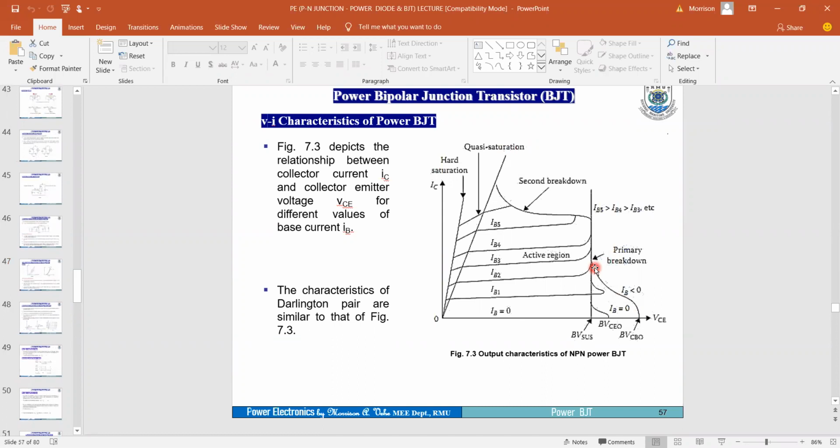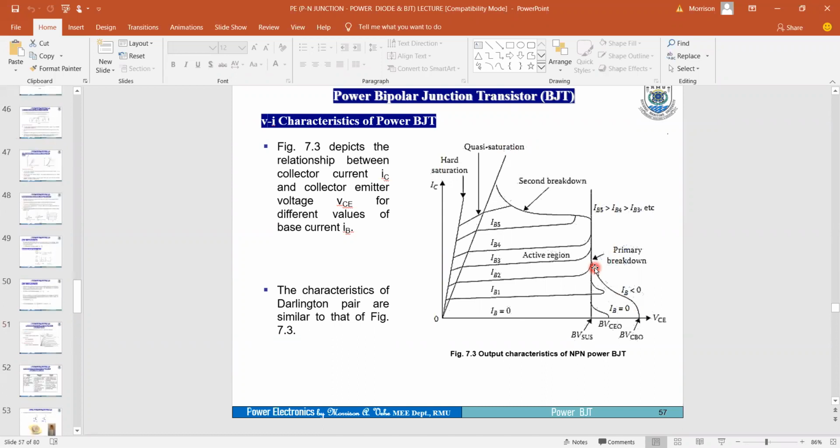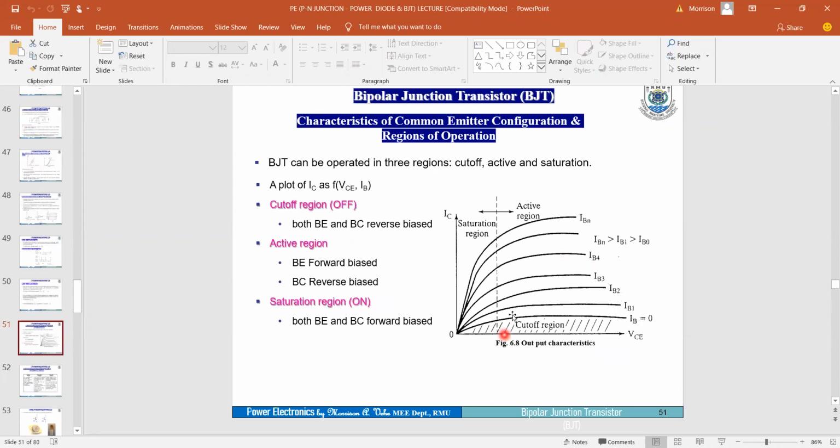So as we have in this figure 6.8, this is the characteristic curve, the collector current with respect to collector emitter voltage, which is basically the characteristic curve described in common emitter configuration.